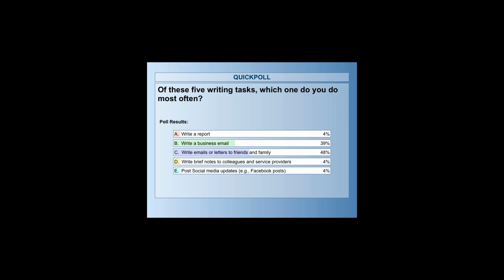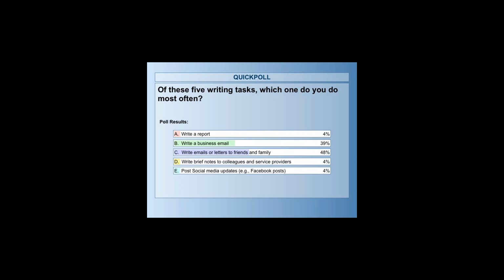So here's what it looks like. And I think this is a very telling situation. Now, I actually have to write a number of reports in my work, so I would have probably put that as a number 3 if I were ranking this. I probably write more business emails than I write social emails, but that's very specific to my workplace. Look at what we do.